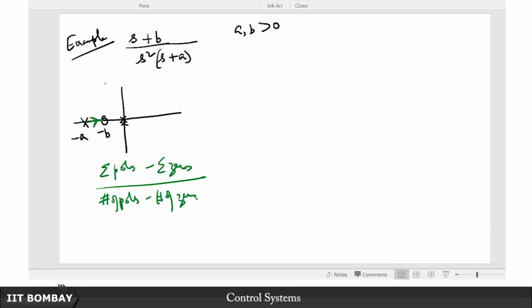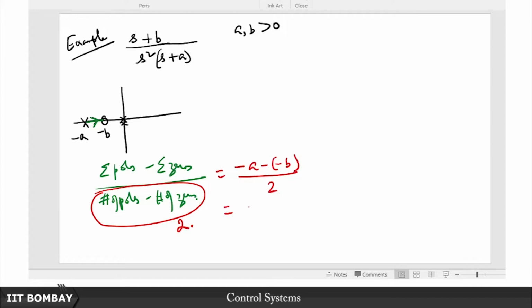But what about the summation of the poles minus those of the zeros? You see, this is just a pole at 0, so this will contribute nothing. But magnitude wise this pole is greater, right. A is greater than B, that is what it means. So therefore this means that the asymptote will be somewhere at minus a minus of minus b upon 2.